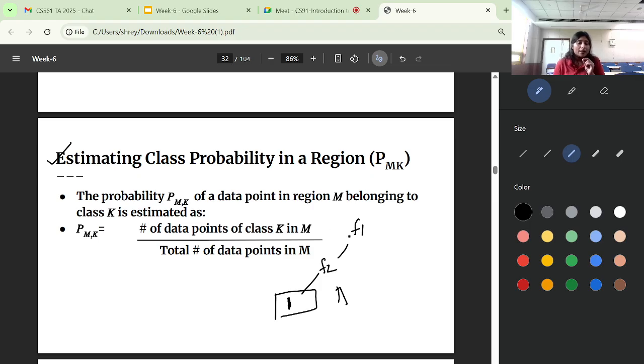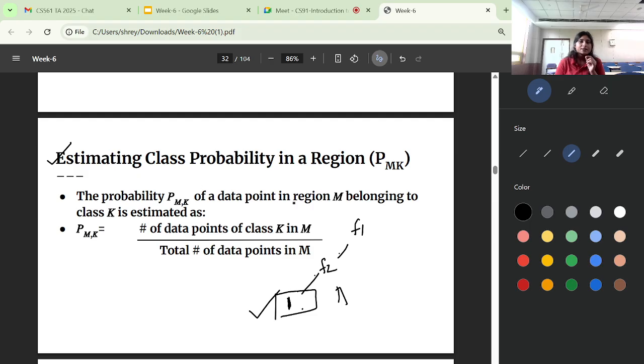The samples that reach it may or may not follow this rule. Maybe some samples are misclassified using this rule. It can happen, so there is a need to define the probability in a region.